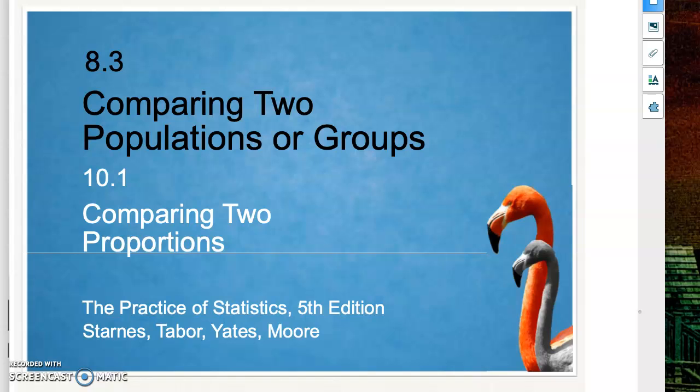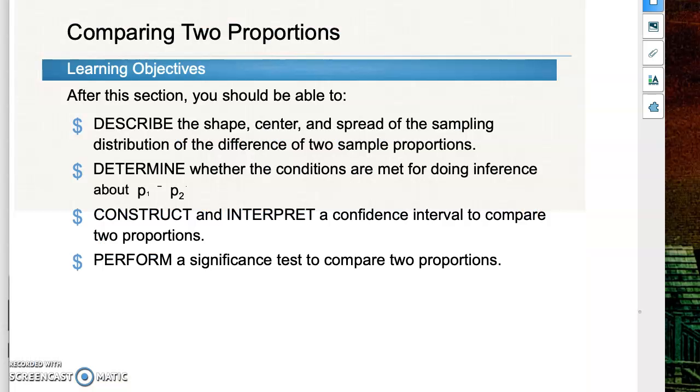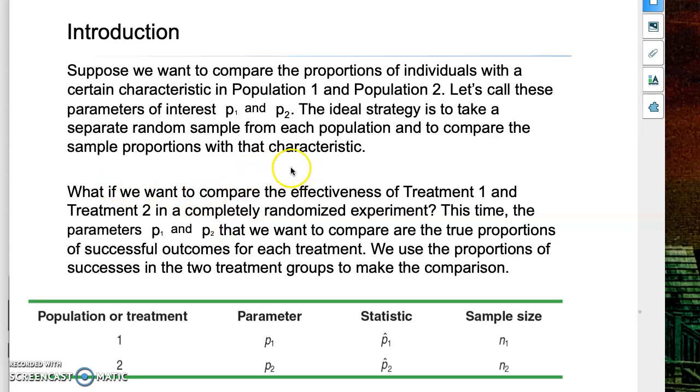So section 8.3 used to be section 10.1, comparing two populations or proportions. We're looking at comparing two different population proportions. Suppose we want to compare the proportions of individuals with a certain characteristic in population 1 and population 2.